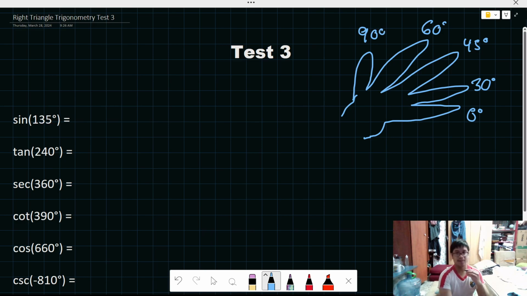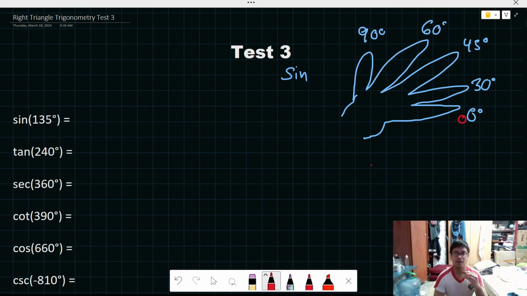Then these fingers will tell you a number, but it depends on the given trigonometric function. For example, if you are looking for sine, the numbers it will give you are, forgive me, it's supposed to start at 0.